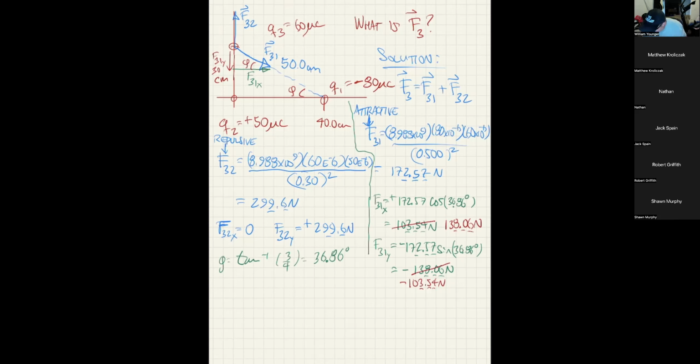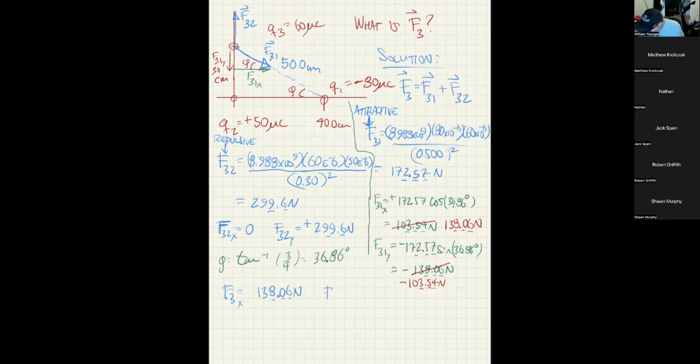All right, so now we can say F3 sub X. Actually, I should probably go back to my blue color. F3 sub X is going to be 0 plus the X component of F31. So that's 138.06 newtons.